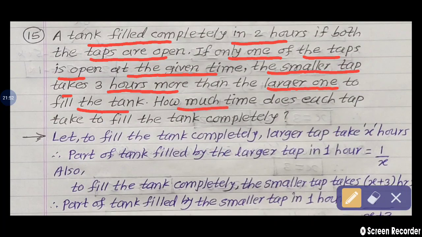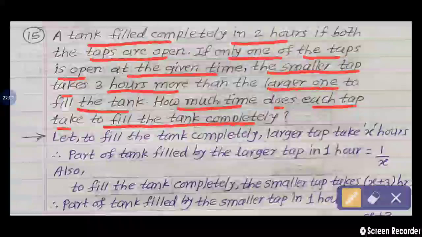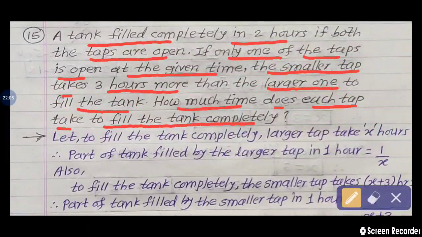So how much time does each tap take to fill the tank completely? So we are finding out the separate answers. How much time is required to fill the tank completely by using the smaller tap as well as by using the larger tap.